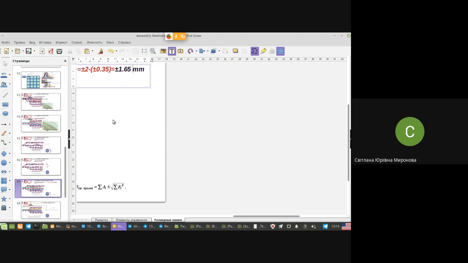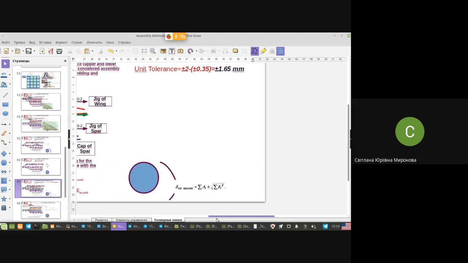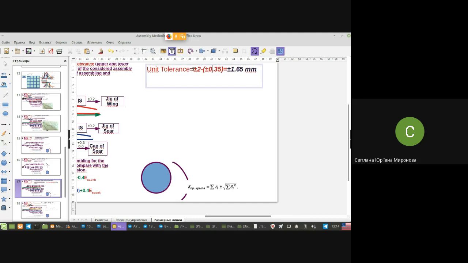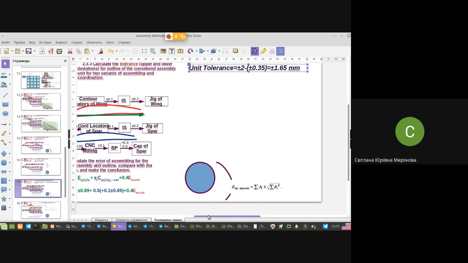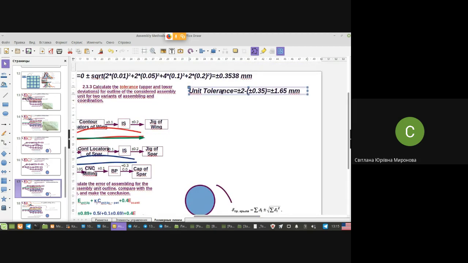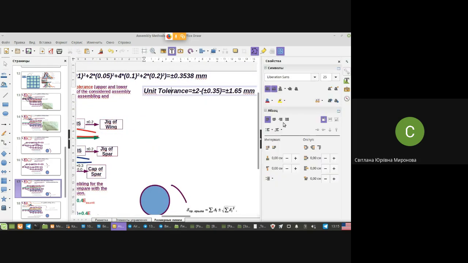Do pay attention. Previously, when we were talking about this, it has now recolored everything. Let's try once again. Unit tolerance, red. Why?